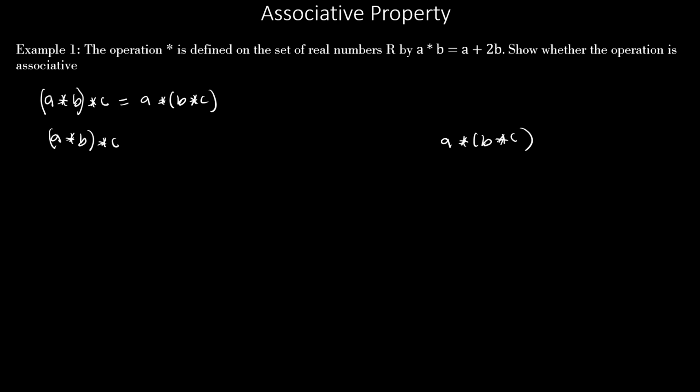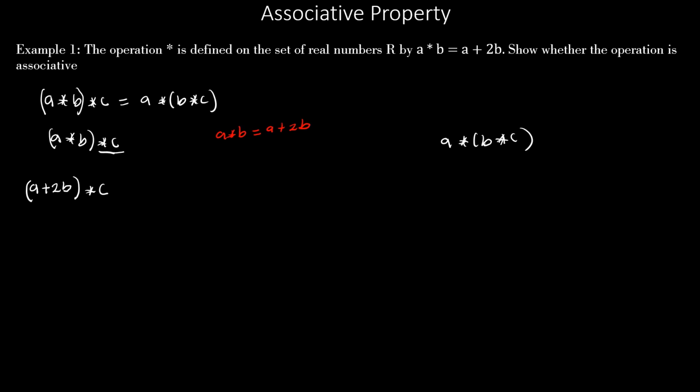So for the moment, let's ignore asterisk C and look at A * B. So our operation is defined as A * B equal to A + 2B. So going back here, we have A * B equal to A + 2B. So let's bring back our asterisk C. We have asterisk C. So we need to look at this again.